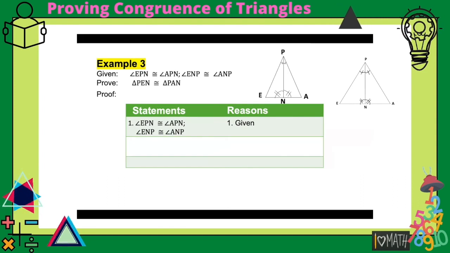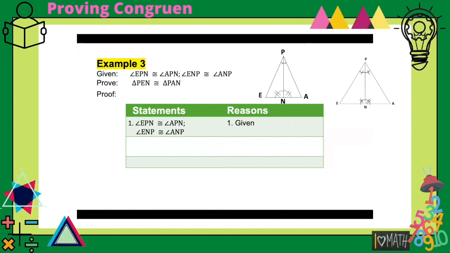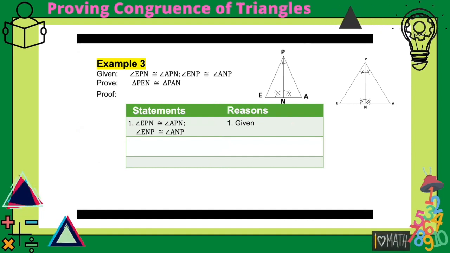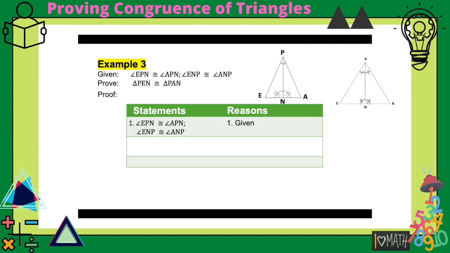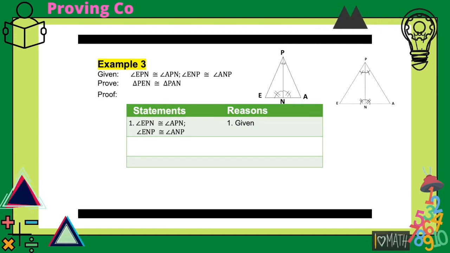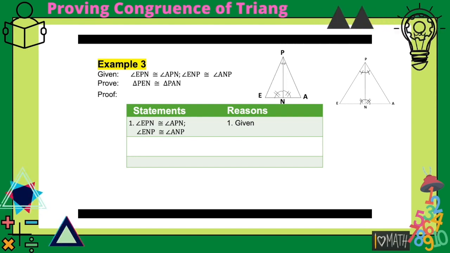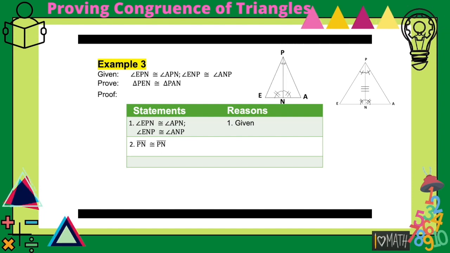We already have 2 pairs of corresponding angles. To use ASA postulate, we need to establish that their included sides are congruent. The 2 triangles share a common side, which is PN. So, statement 2, we have segment PN is congruent to segment PN.